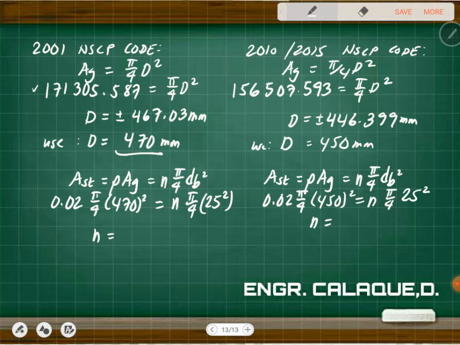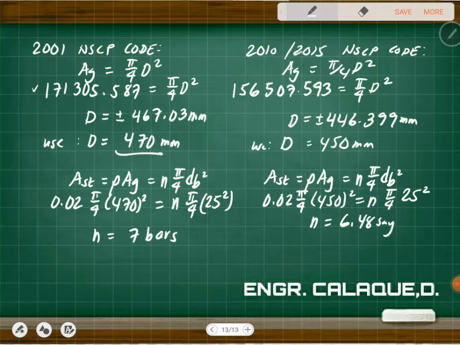Calc ko lang muna. Calc is 470. Okay, so shift solve ko yan. So meron akong 7 bars needed. Okay. And then, yung sa kabila is 6.48.